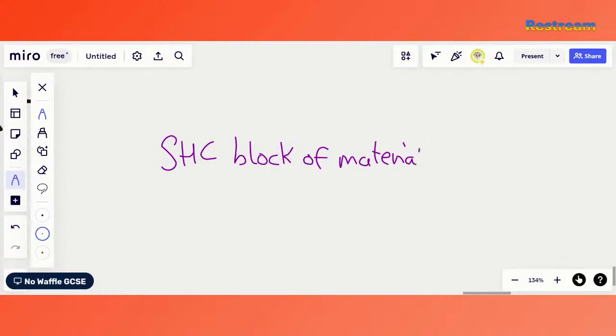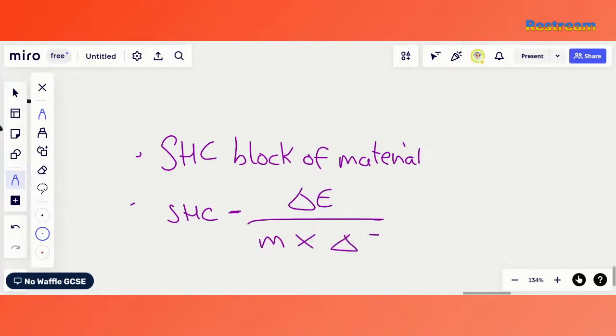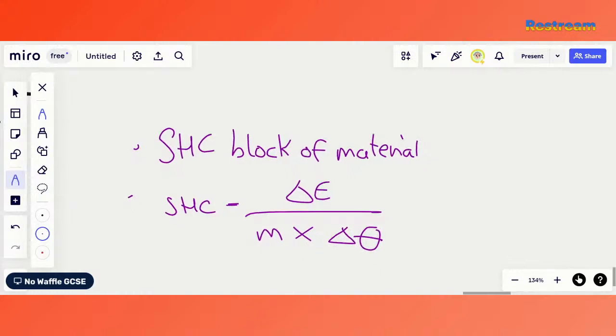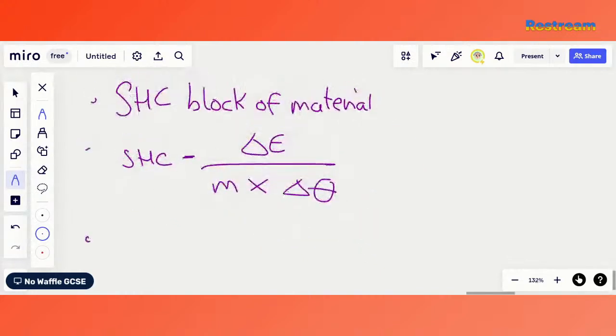Now, we are already aware that the specific heat capacity is the change in energy over mass times the change in temperature. So, in order to find the specific heat capacity of a material, we need to find the change in energy, the change in temperature, and the mass.